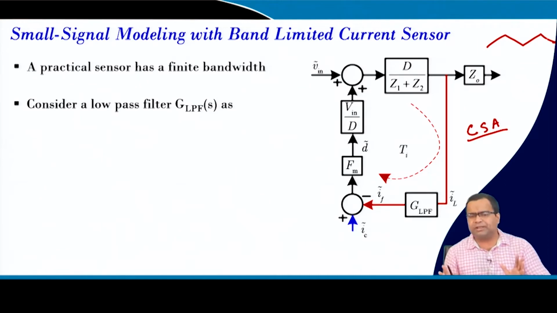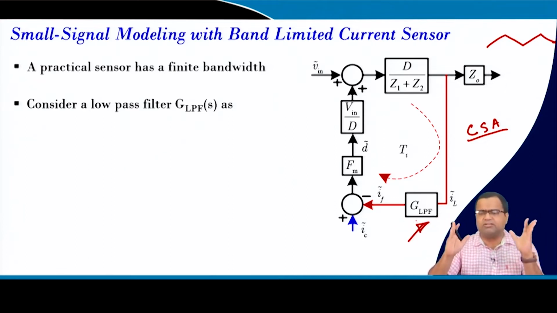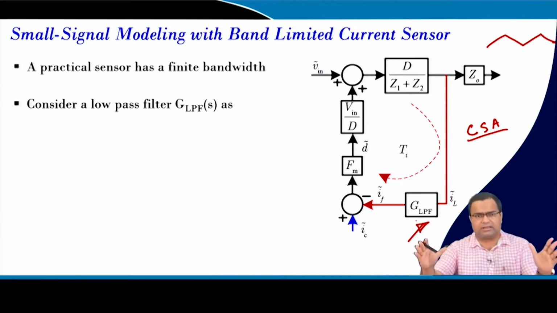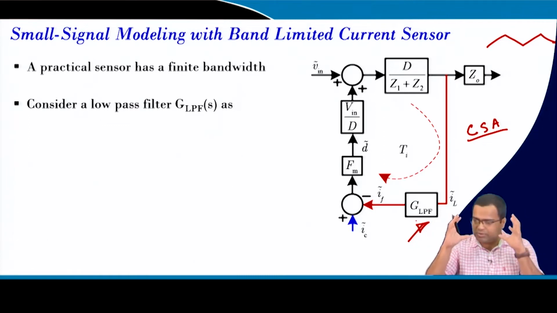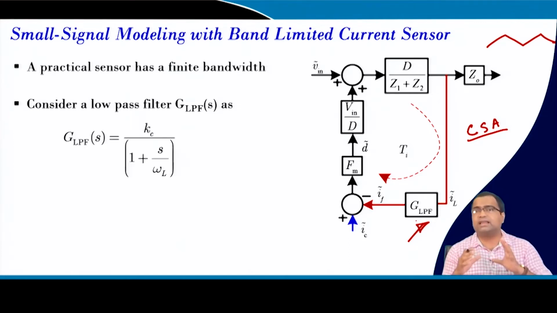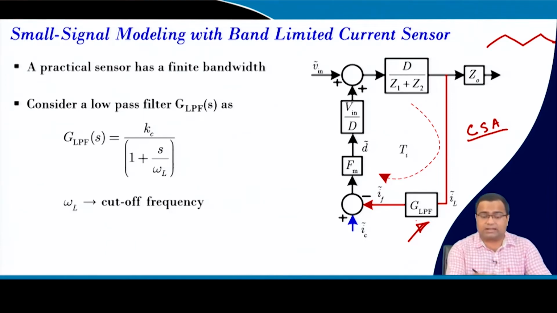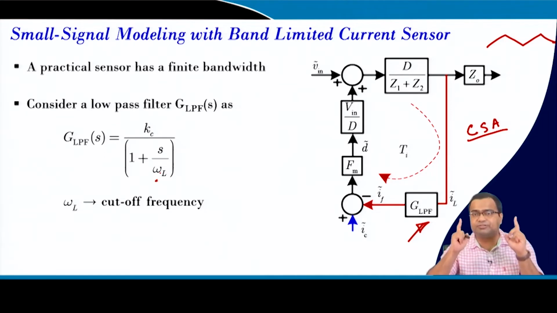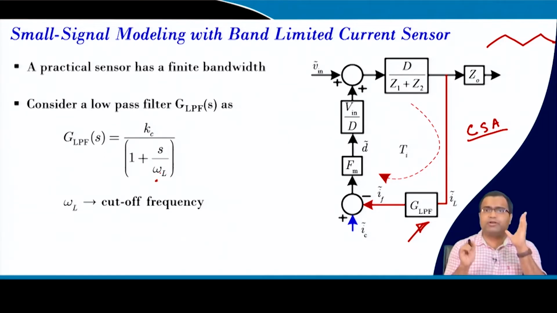But we may not get such a high bandwidth current sensor, so we can consider a low pass filter. If the bandwidth is high, then it will reasonably represent the traditional current mode control, but if that bandwidth is smaller, then we need to see the effect. So, we are taking a very simple first order low pass filter, where the cutoff frequency will play a significant role. How are you going to set it?